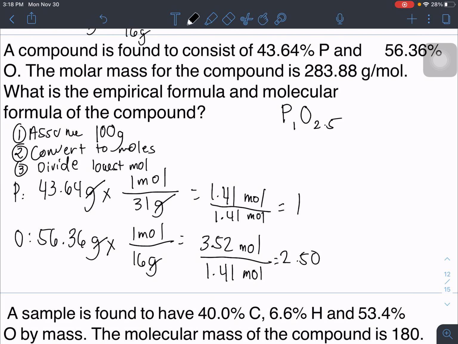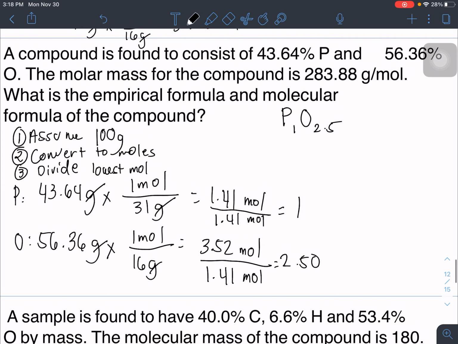Hence our empirical formula would look like this: P1O2.5. Apparently we couldn't have a value or a subscript that is in decimal, so it should be an integer. So it would be convenient and appropriate if we could multiply both of them to an LCM, wherein the value will result to a whole number.